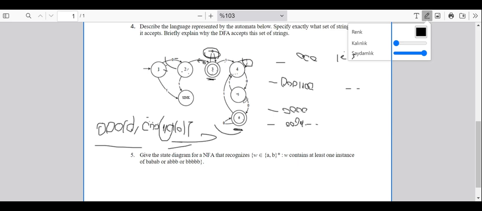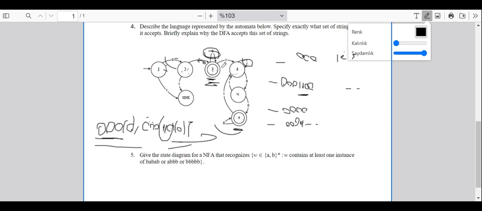The DFA accepts this language because it must start with at least three zeros. After state 3, it either accepts or goes to state 6 by adding 110.